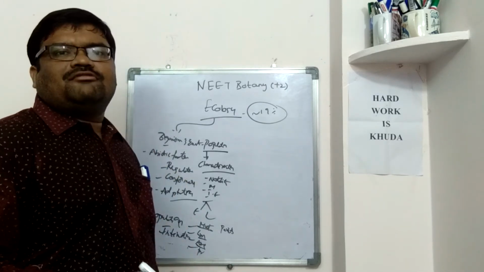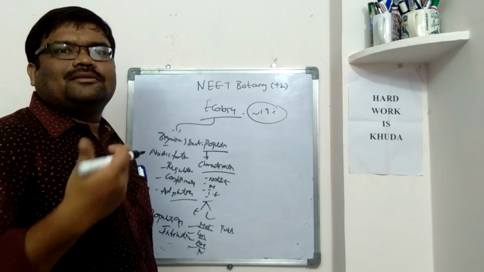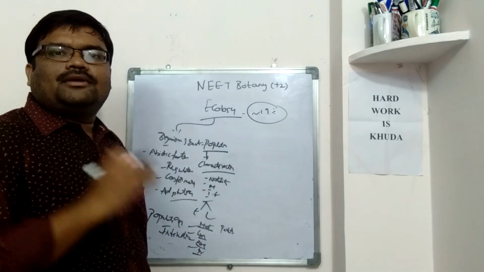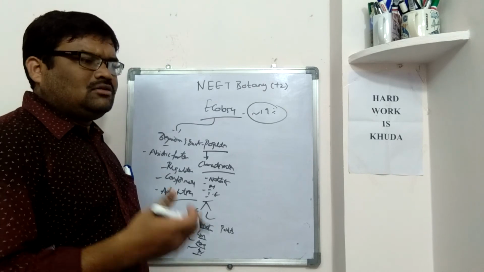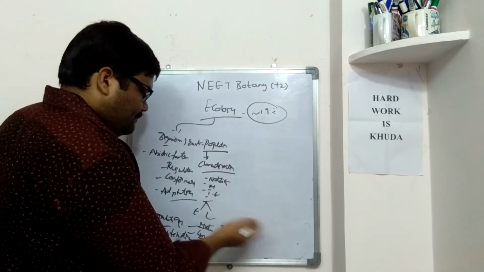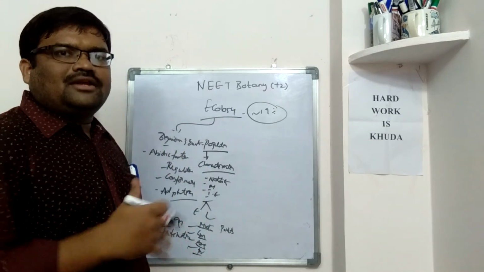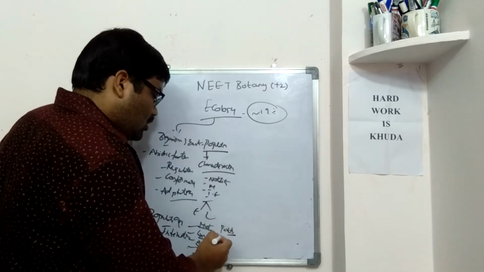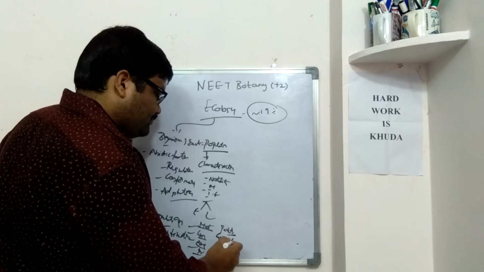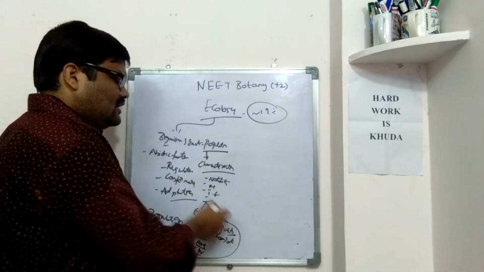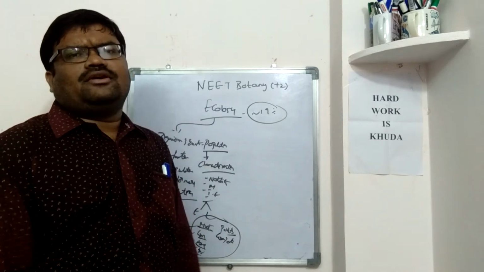Amensalism means one partner is affected and the other neither benefits nor is affected. In predation, one partner benefits, the other is affected. In parasitism, the host is affected and the parasite benefits. In competition, both are affected. So these are the different population interactions, with definitions and examples.